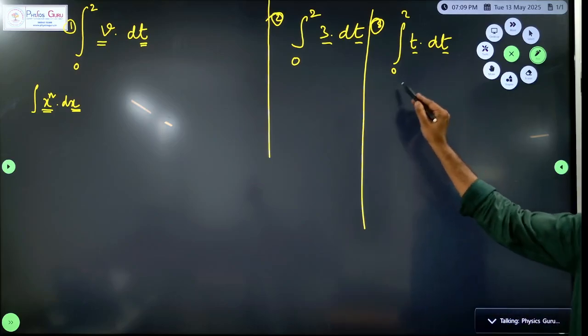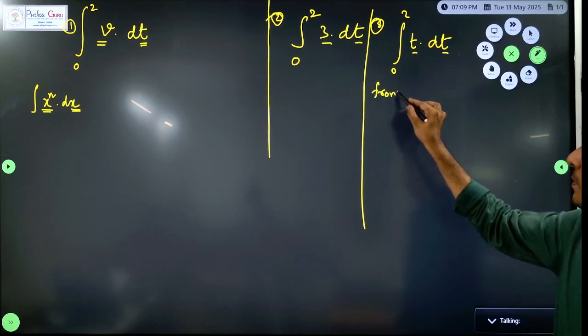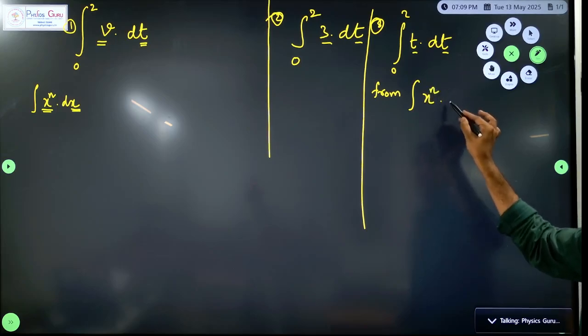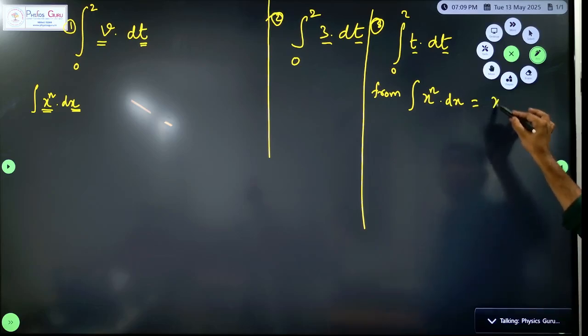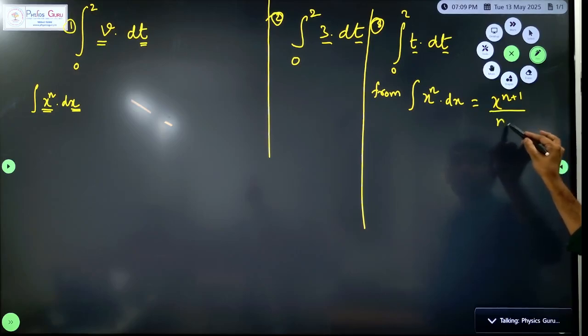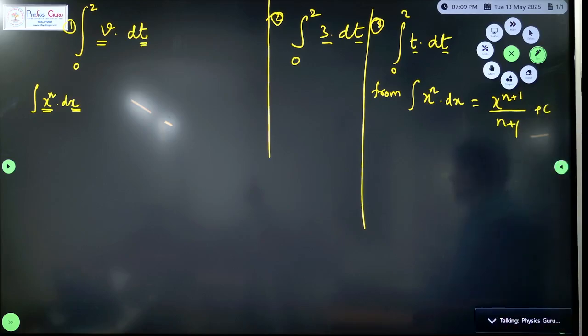We know the formula. This resembles integral of x to the power n dot dx is equal to x to the power n plus 1 over n plus 1. So let's forget the constant now.